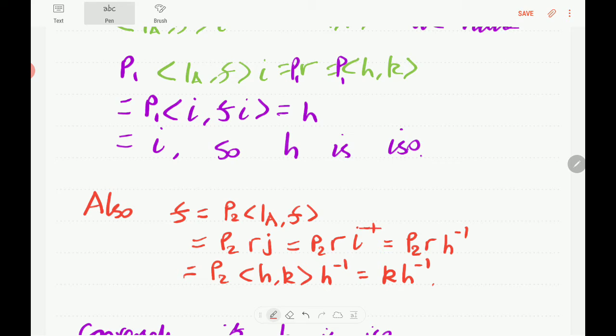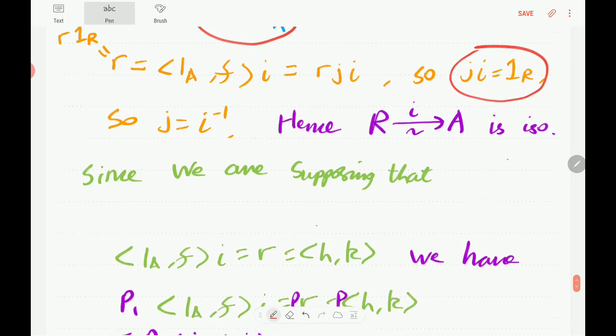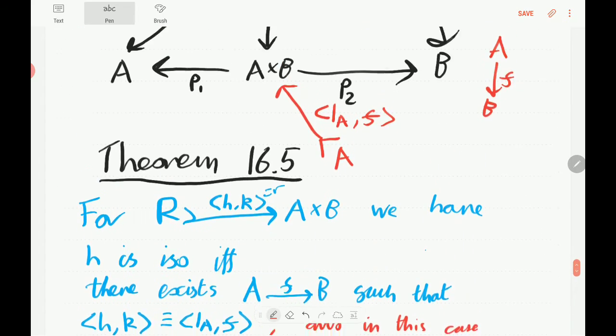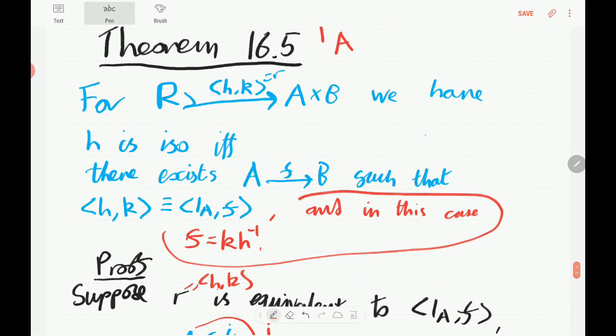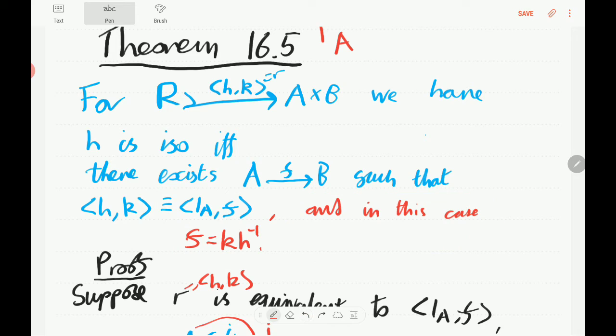And we know that i equals h, so we can write that as p2 after r after h to the minus 1. And we know that r is h comma k, so we can rewrite this as p2 after h comma k after h to the minus 1, which is equal to k after h to the minus 1. So we've understood the nature of f to be what we thought it was, as I comment here. So basically we've proved it this way.